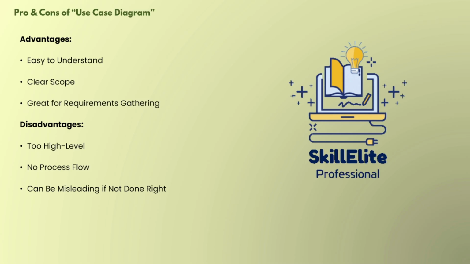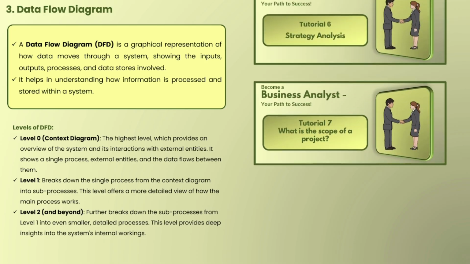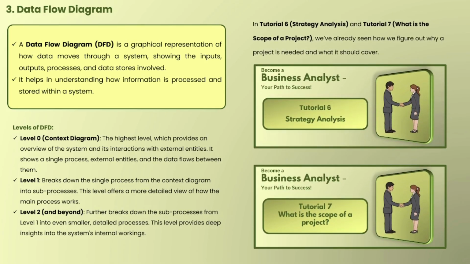So now let's unfold another process modeling technique for requirement gathering or design definition. Next is the data flow diagram. A data flow diagram, that is DFD, is a graphical representation of how data moves through a system, showing the inputs, outputs, processes, and data stores involved.